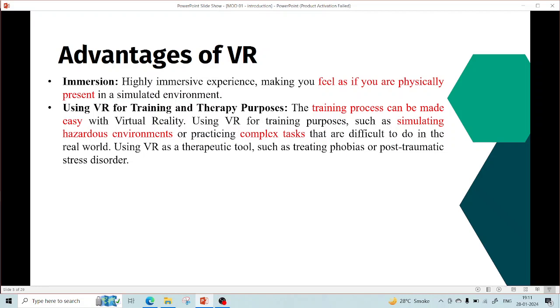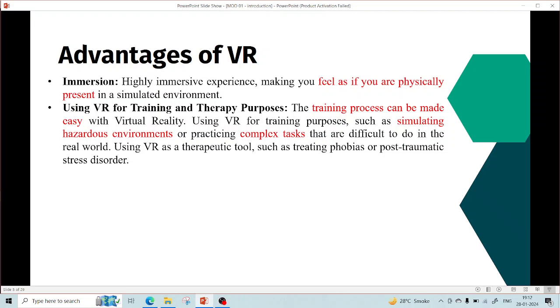Similarly, in hazardous environments where you cannot actually go and create the experiments or applications, you can create those complex tasks or hazardous environments virtually. For example, if surgeons want to practice multiple ways to do a surgery, creating that environment every time is not possible, but virtually it is possible.